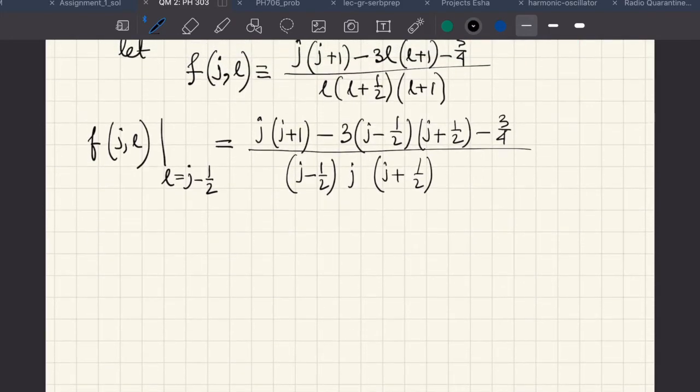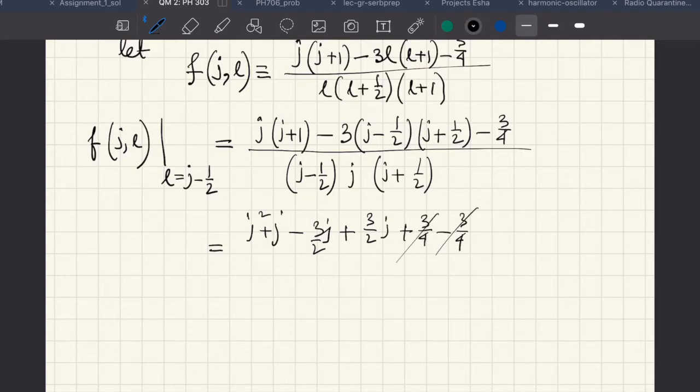If you simply expand this, this is going to give us J square plus J minus 3J square plus 3 by 2 J plus 3 by 2 J plus 3 by 4 minus 3 by 4.